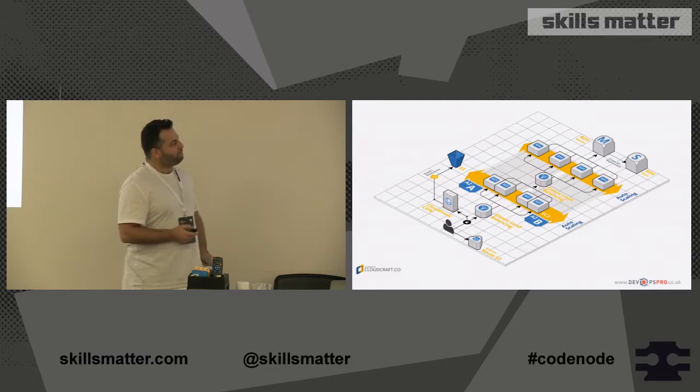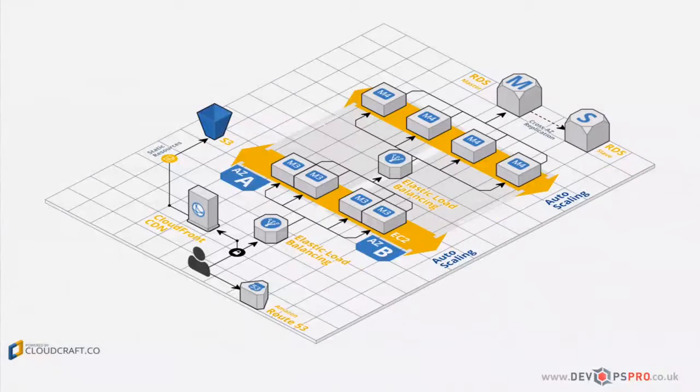So, just a small, common application. Basically, the user goes into CloudFront, which is the CDN. Behind the CDN, we have the load balancer. We have a couple of servers. They can be web front end, application servers, cache servers, whatever you want.